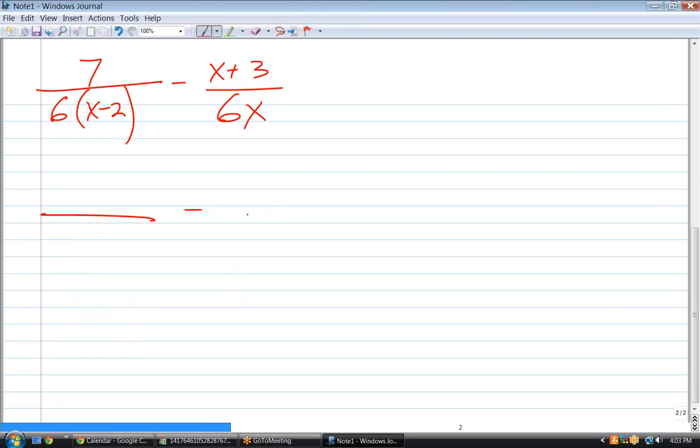Will it be 6x minus 12? Would that be the least common denominator? Let's not put them together yet. In other words, we know that one of the common denominators would be that times that, right? Yeah. That would be 36 times x minus 2 times x. I don't need 36. 6 will do just fine.